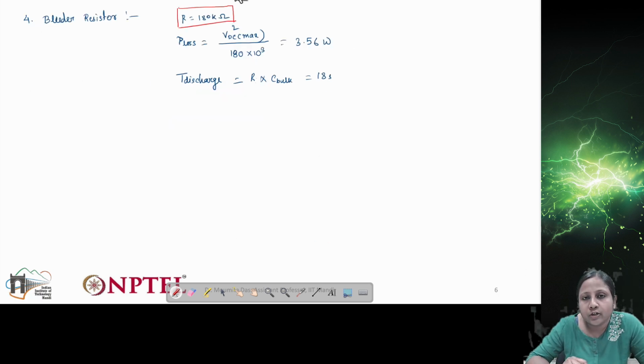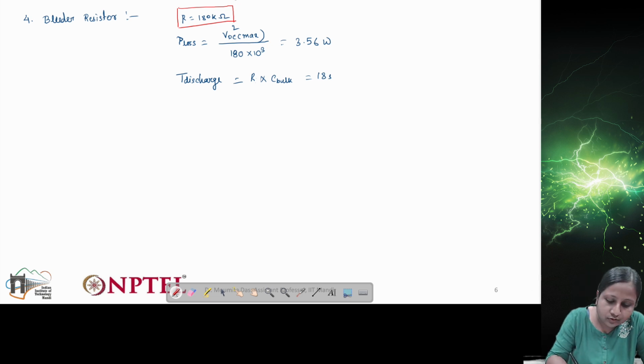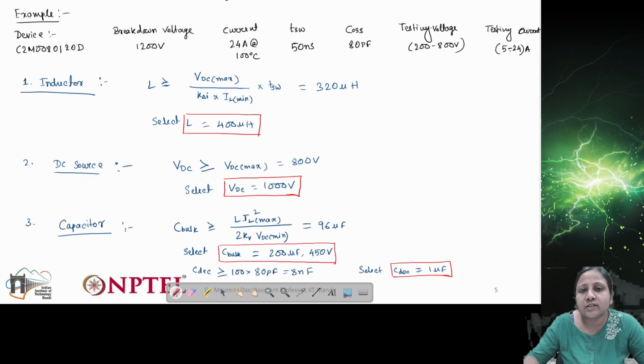Now one important thing is that we have to consider this decoupling capacitor. If we don't consider it, then with respect to the selection of the capacitor, the voltage spike will reduce.